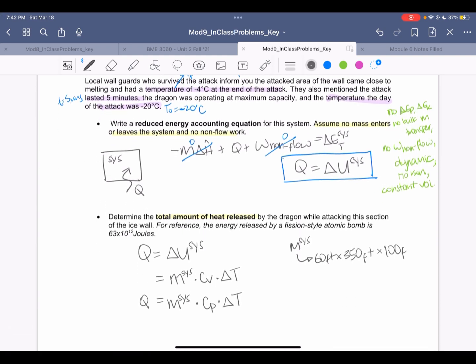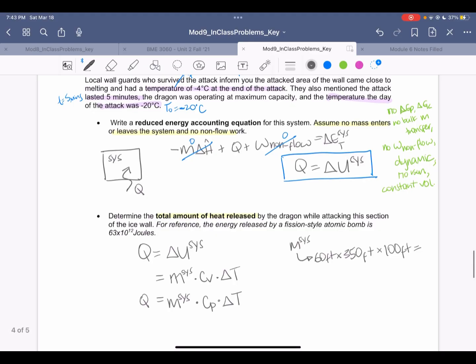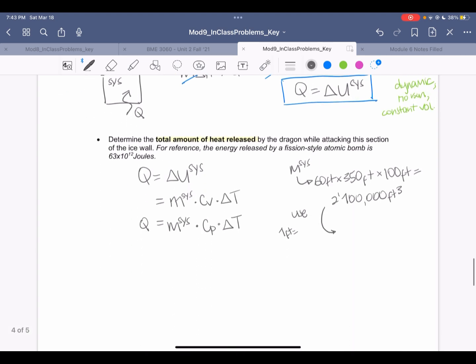All of that was given to us in the problem, and that's equal to 60 times 350 times 100, 2,100,000 cubic feet.